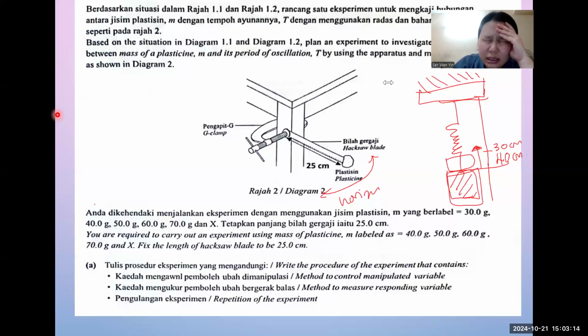Someone asked, when doing this experiment, is there a specific angle to pull back before letting the clay oscillate, or do we just roughly pull it back horizontally? If guided, sometimes they fix like 10 degrees, roughly.